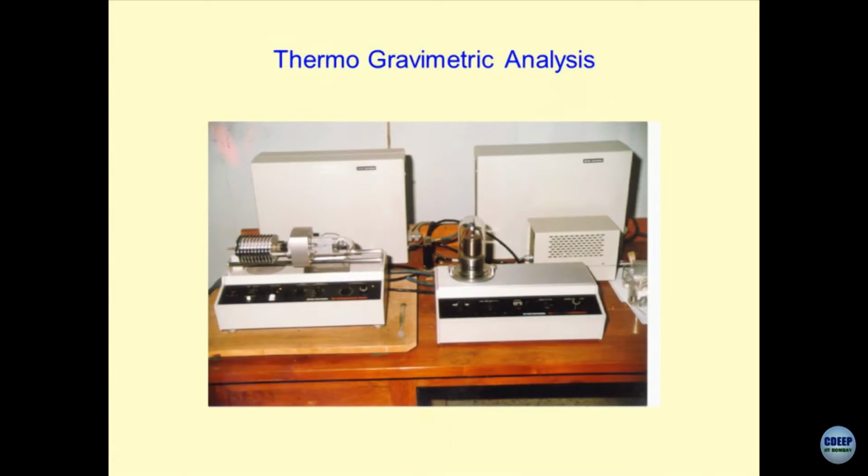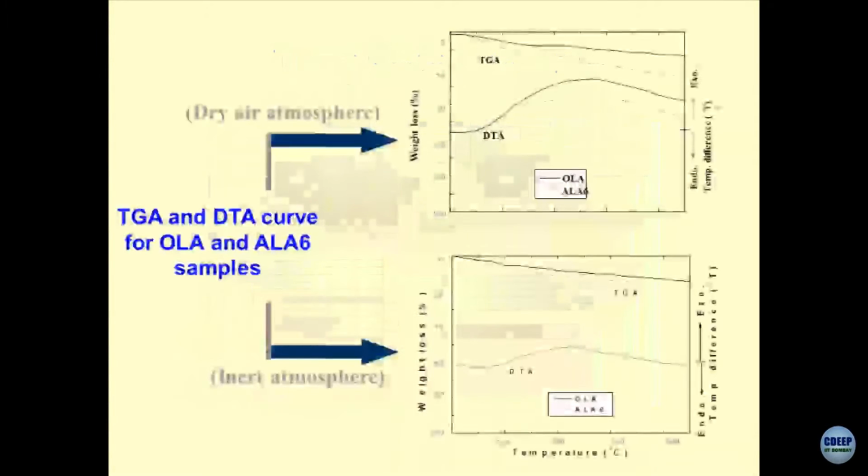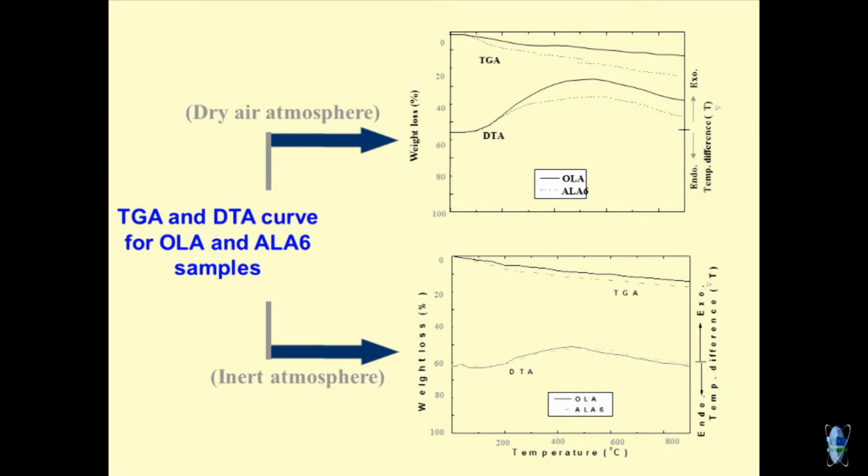The second is in nitrogen, so that nothing gets oxidized. And then what you observe over here is that there is a micro balance attached to the sample, where you can measure up to the third decimal place of the milligrams, and you can plot a relationship like this, which shows on the y axis the weight loss percentage and on the x axis the temperature.